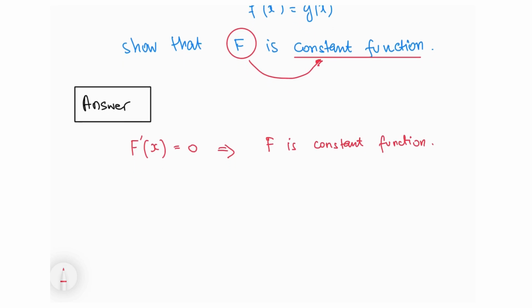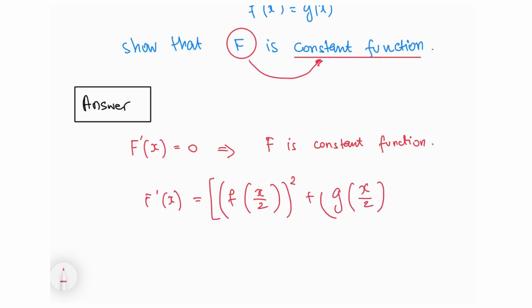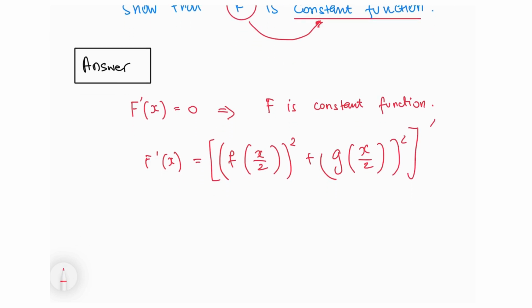Okay, so our goal is now to find capital F prime, so the derivative of capital F, that is the derivative of f of x over 2 squared plus g of x over 2 squared. So we want to find the derivative of each function.